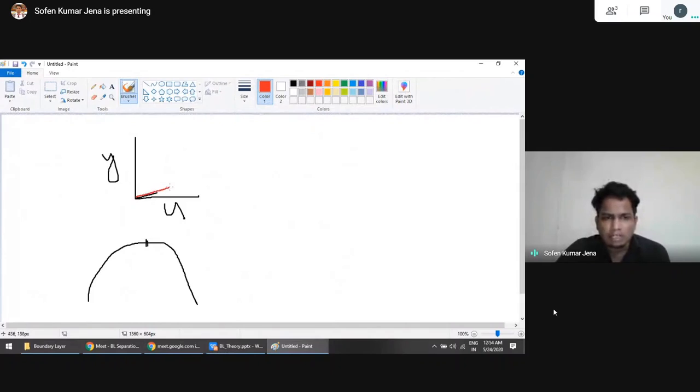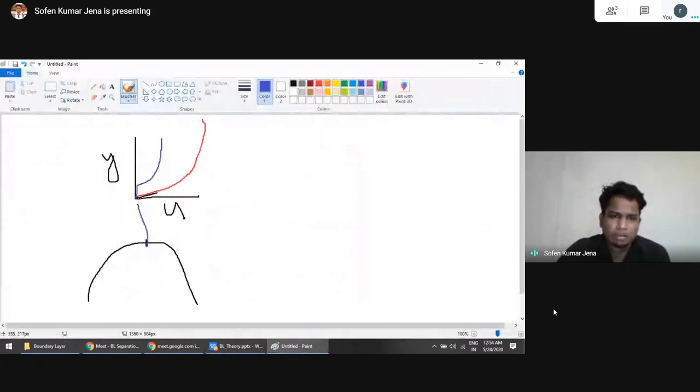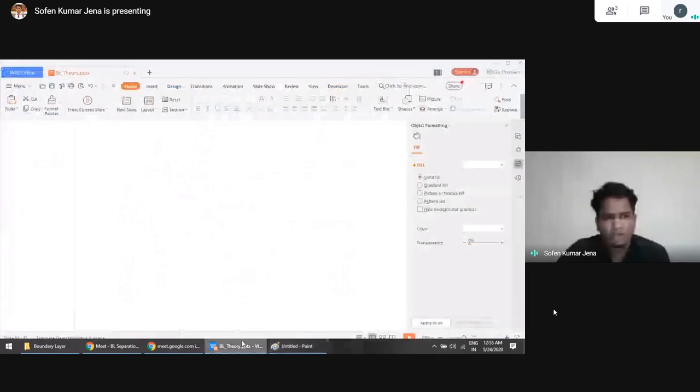Without any boundary layer separation, the profile will look like this: it increases and then becomes constant. Because of the separation, what will happen? Let me plot in blue. At this sharp location, there will be zero velocity for somewhere, then it will start increasing. If you gradually go on changing, the velocity will show the reverse phenomenon. With respect to y, it will change direction, then further start increasing. So that will be the phenomenon.